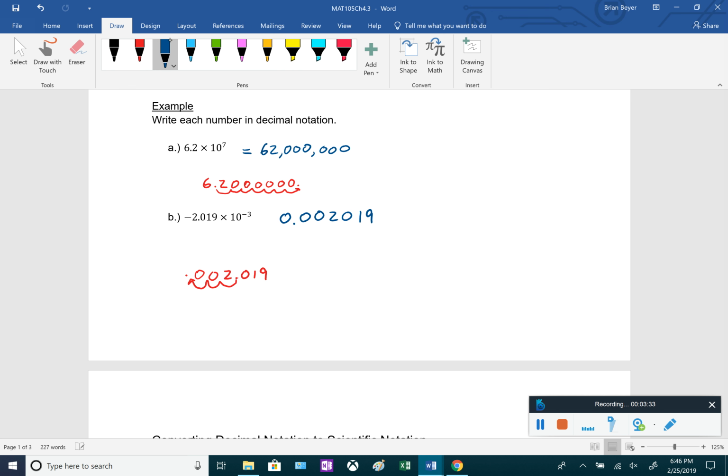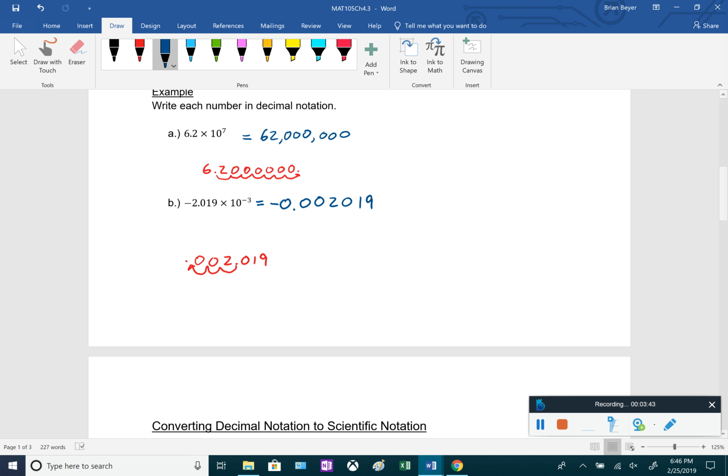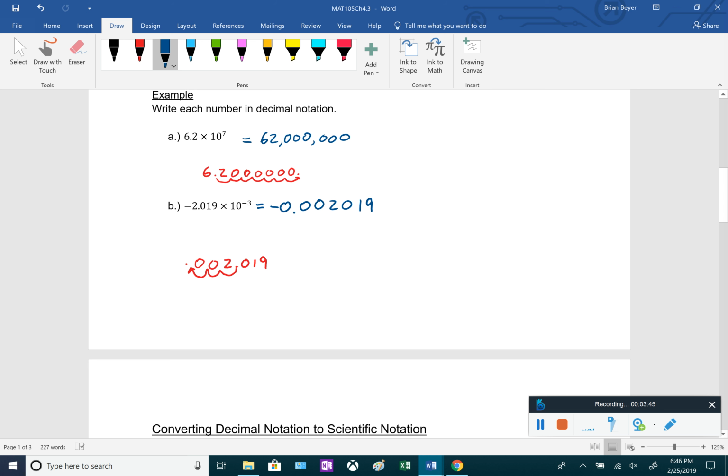And we can't forget that it is negative. That's just the negative that was originally out front. So it's just as easy when it's in scientific notation switching to decimal form, which is just a regular number form. It's just as easy as moving the decimal over to the left or to the right.